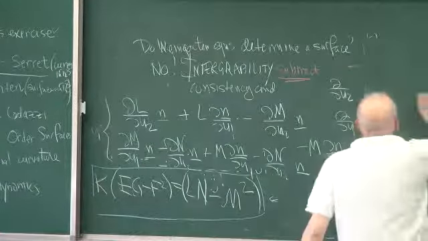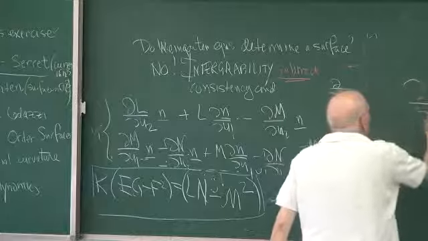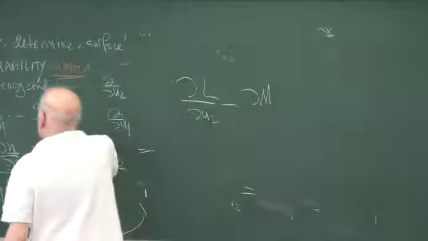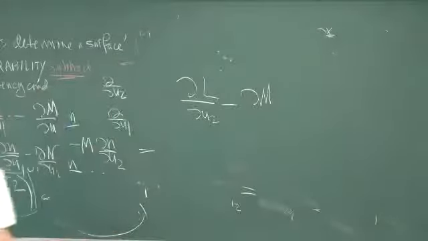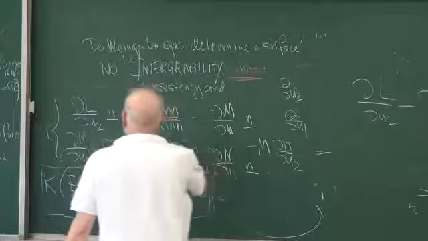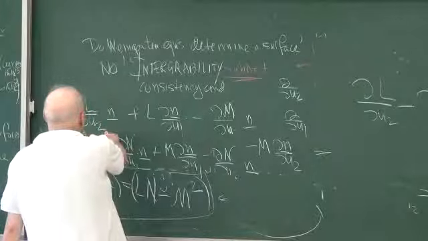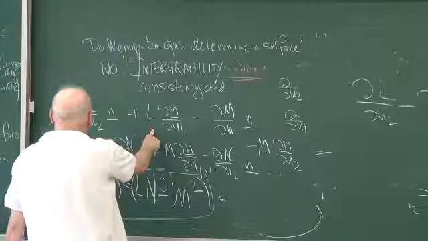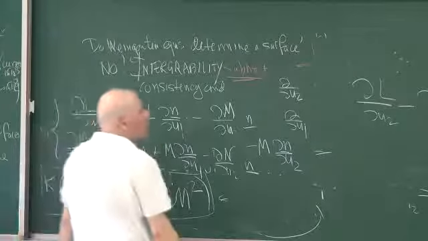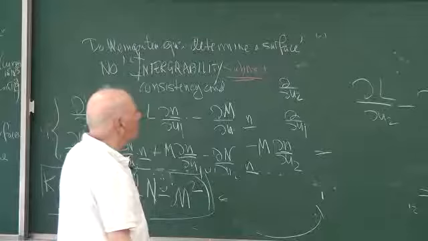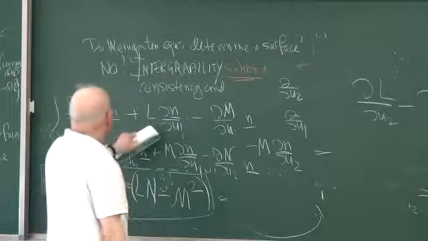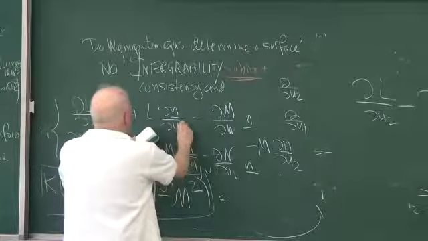So what do we see? First of all, it looks like partial of L with respect to u2 minus m with respect to... this should have been 1, right? It should have been L with respect to, which one did I do? L with respect to u2? So this should have been m with respect to u1? I never know. Now I erased it, it's too late. So which one was the first one? This was correct, right? And this one looks wrong, because I differentiate with respect to u2.